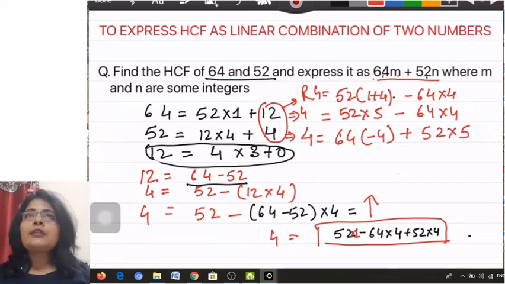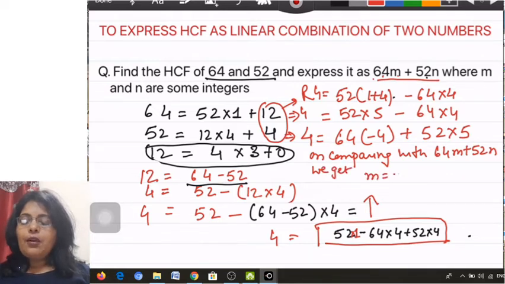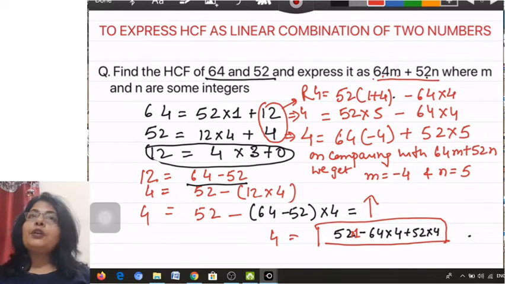So if we are asked the values of m and n, we'll just write here, on comparing with 64m plus 52n, we get m equal to minus 4 and n equal to 5. This was all the method of doing the question.